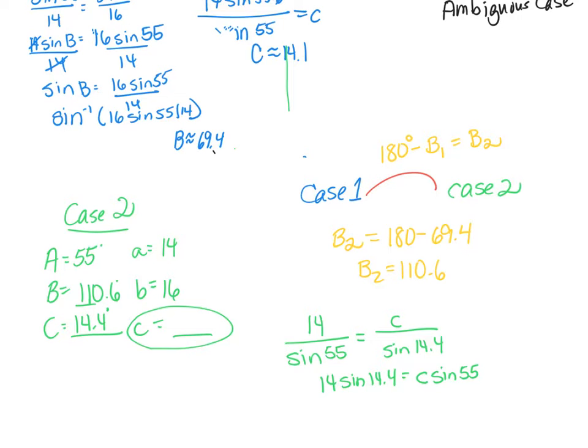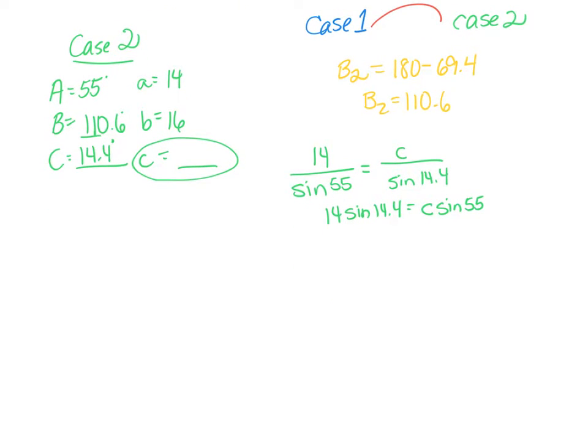So if I divide each side by the sine of 55, 14 sine 14.4 over sine of 55 should give me that final c. So we're going to go to the calculator. 14 sine 14.4, close parentheses, divide by sine 55 equals 4.3 approximately.